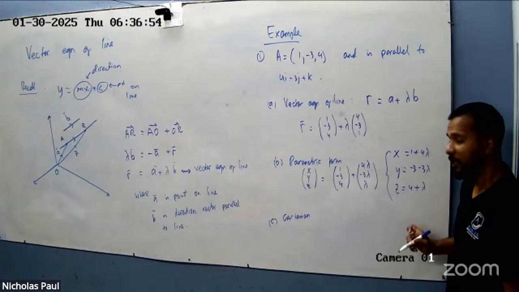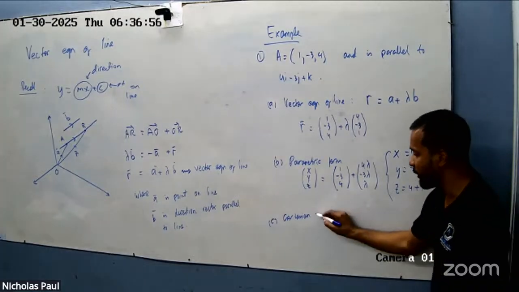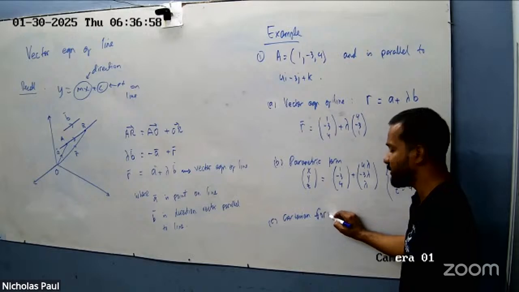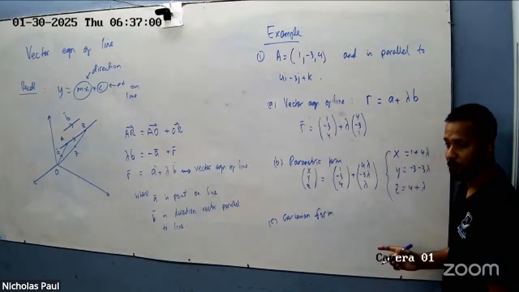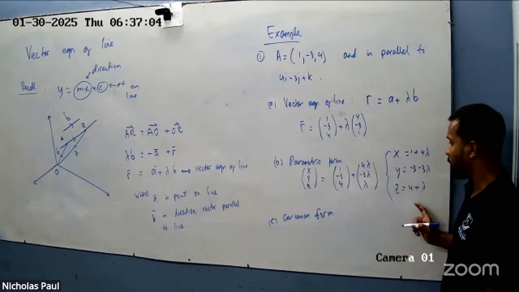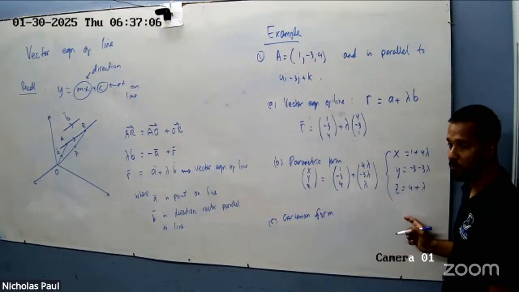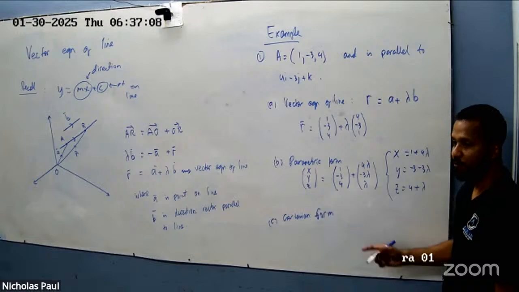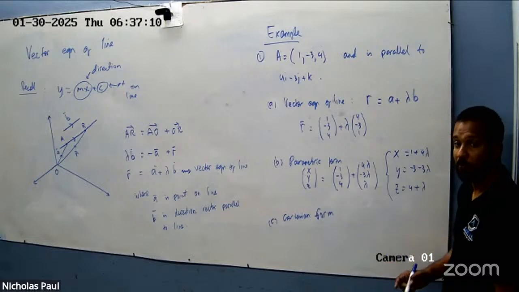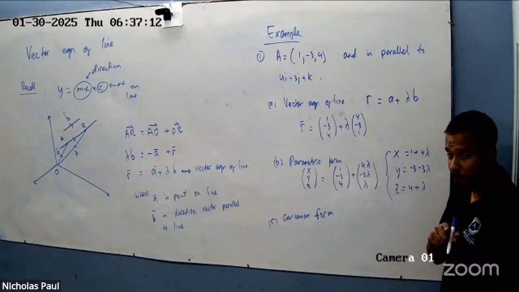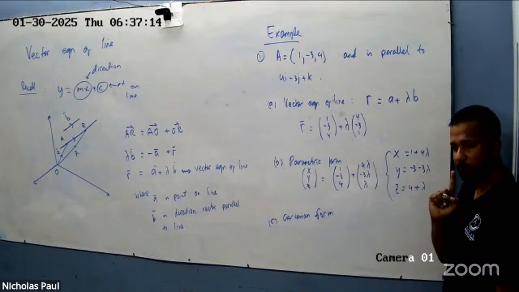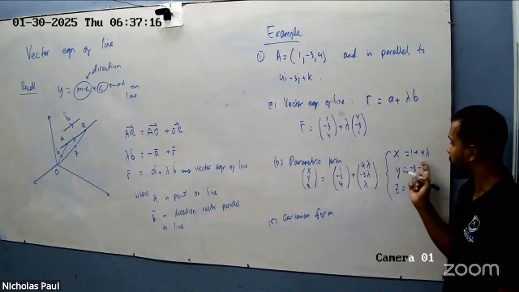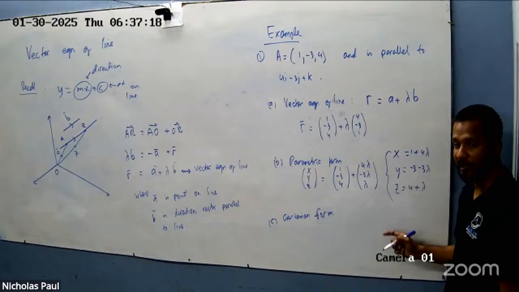Yeah? Anybody can guess how to get a Cartesian form? Cartesian form is in terms of what? X, Y, and Z, no lambda. So any ideas what I could do to get a Cartesian form? Substitute, you close. You can make lambda the subject in each one and substitute, right?